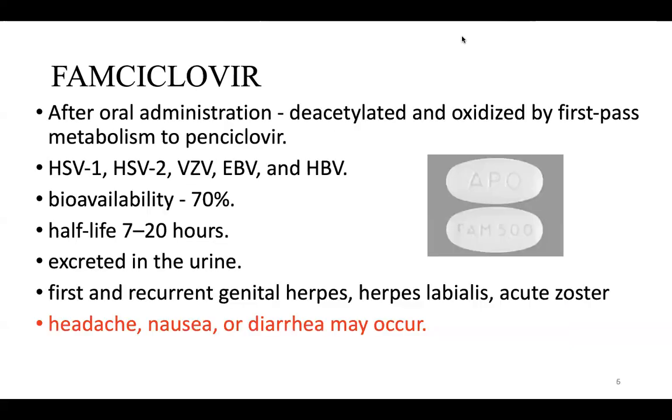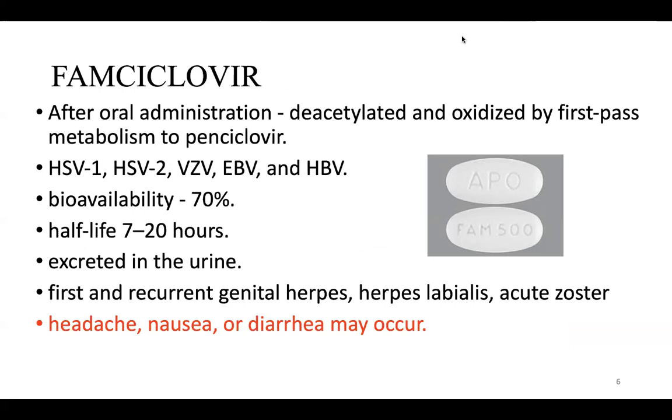Next drug, famciclovir. After oral administration, famciclovir is rapidly deacetylated and oxidized by first-pass metabolism to penciclovir. It's active in vitro against these types of herpes virus.